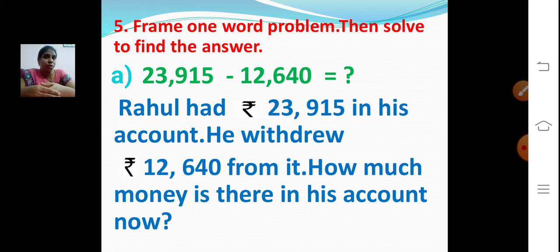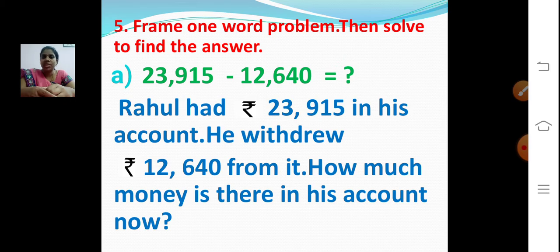Will it be less or more? If you take some money from your bank, it will be less, right? So how much money is there in his account now? That we are going to find out.